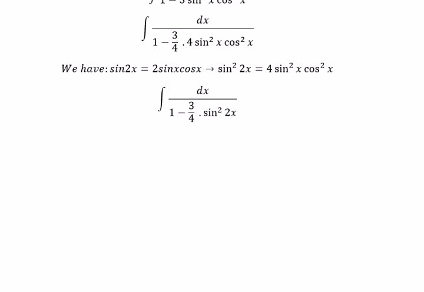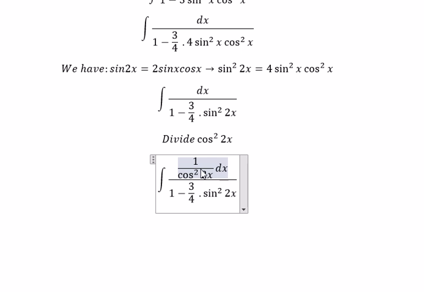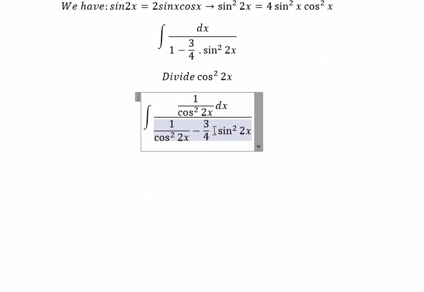Next, we divide both sides, numerator and denominator, with cosine 2s square. So this one you get 1 over cosine 2s square. This one you get 1 over cosine 2s square. Sine 2s square divided by cosine 2s square, you get tan 2s square.